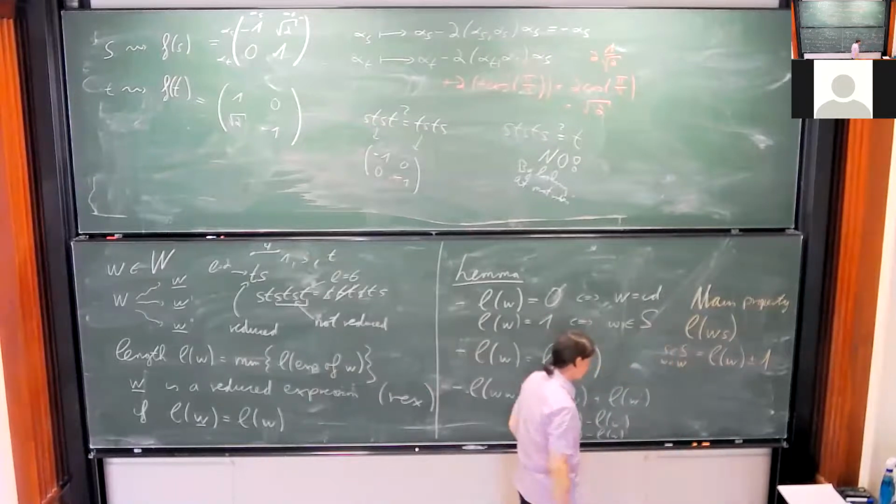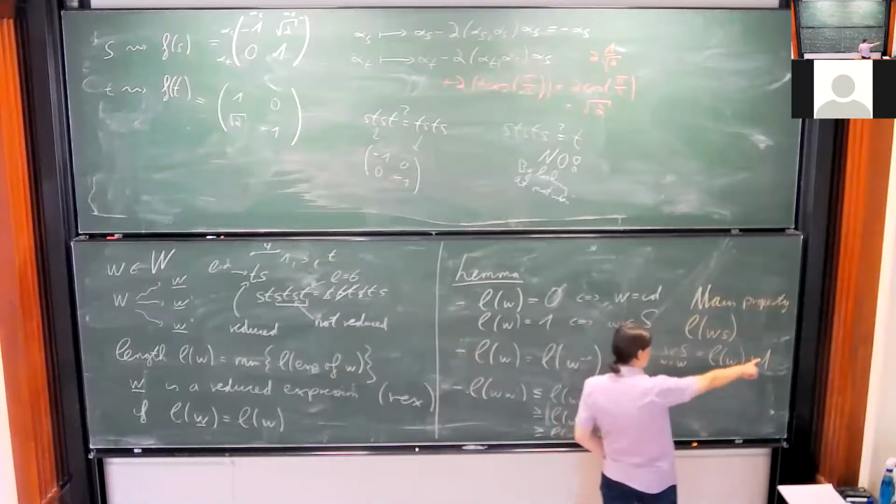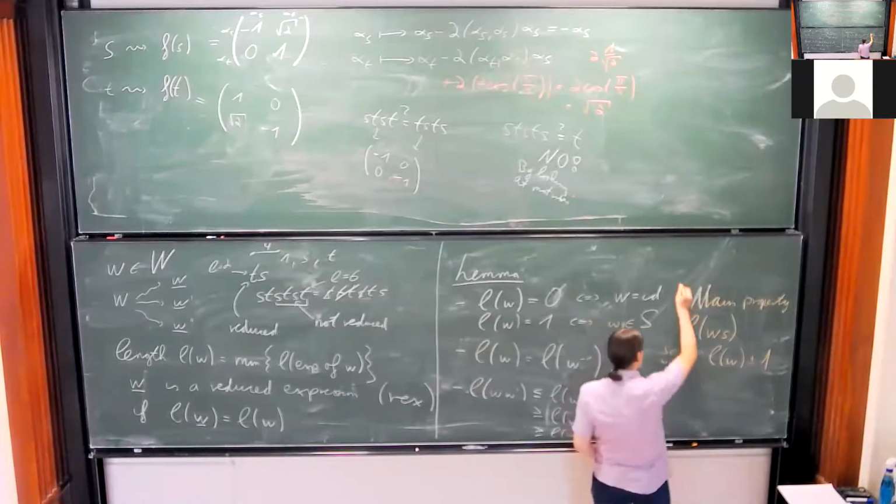So this is the main property. And these are also called up and down, right? Plus is up, minus is down.